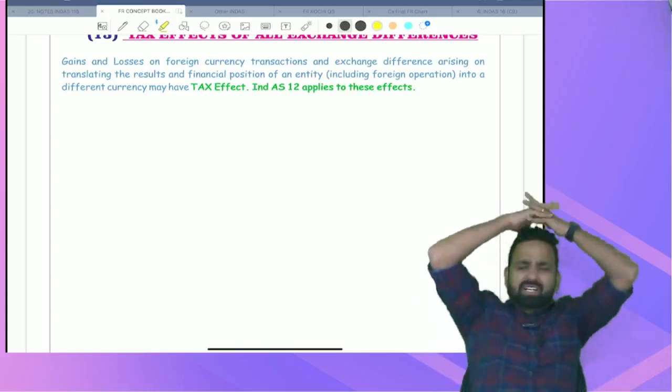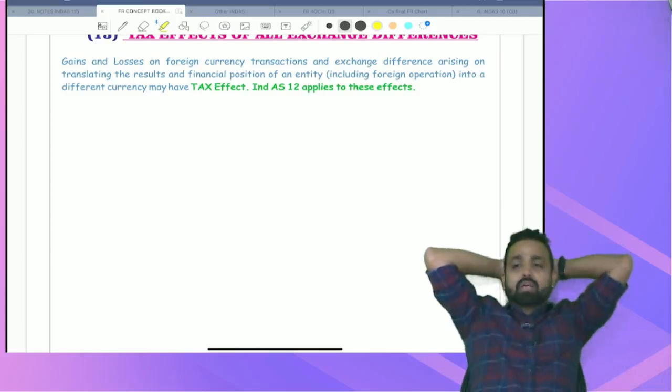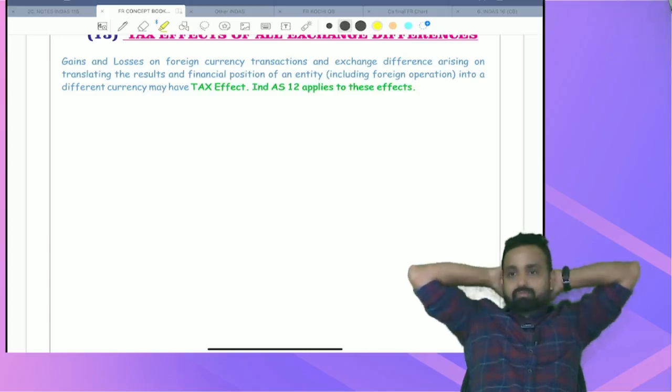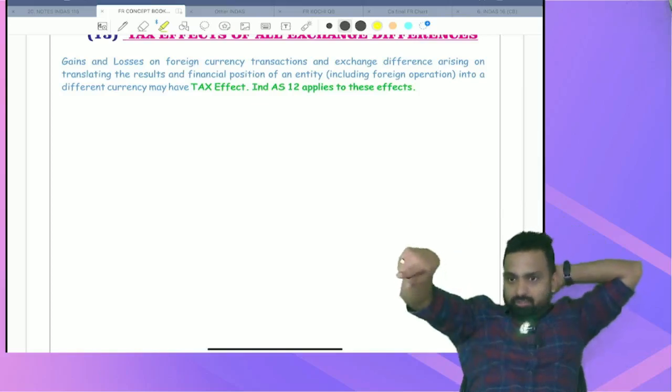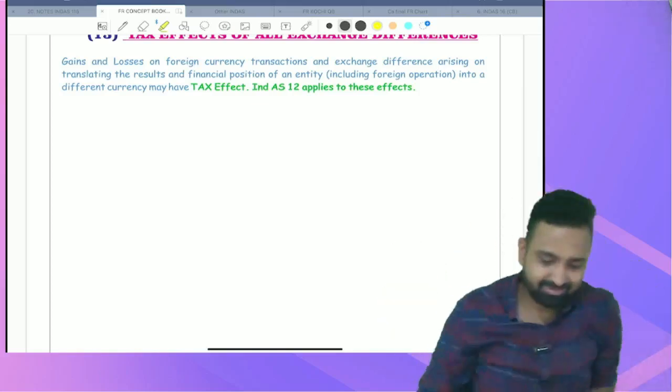There may be more, there are three to four items. You can find all these things in my chart book, last page, the summary of all OCI. Okay, now only you want to see.